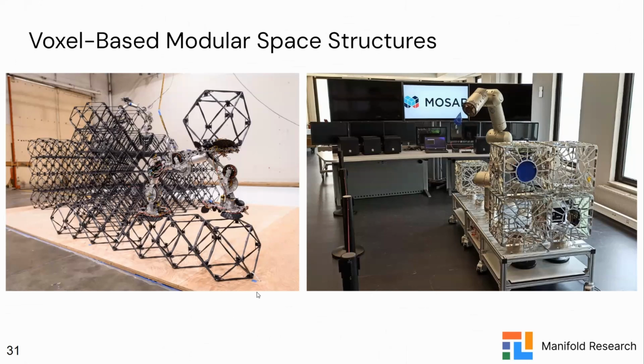That project is called MOSAR. It's a European Union project. And there's a similar project that's shown on the left, which is a NASA project. This one uses a shape that I'm not sure of the name of, but you can see that it's another regular polyhedron.